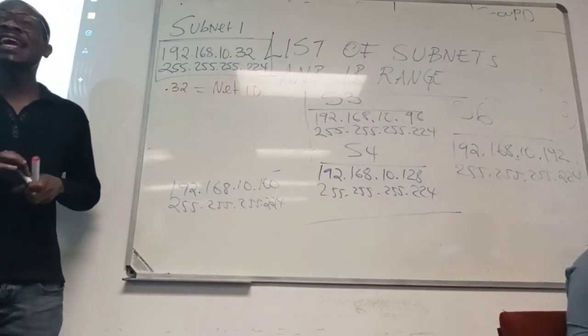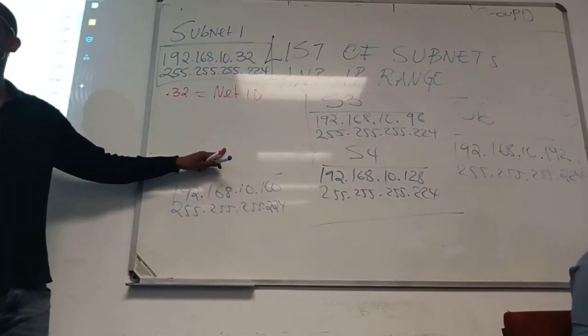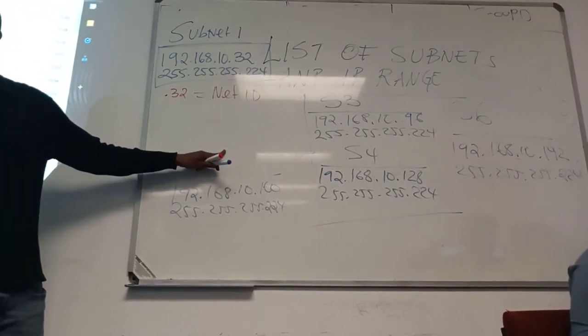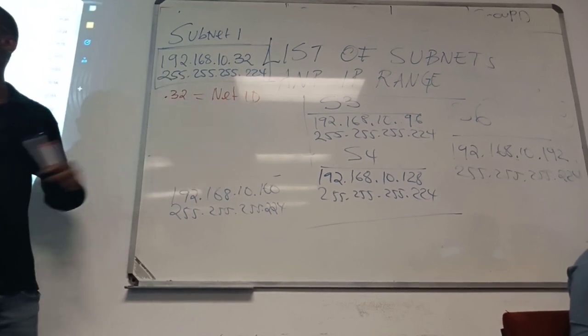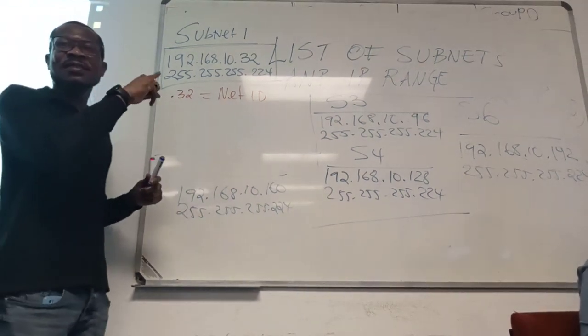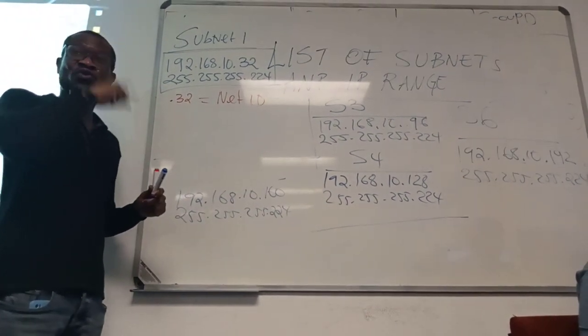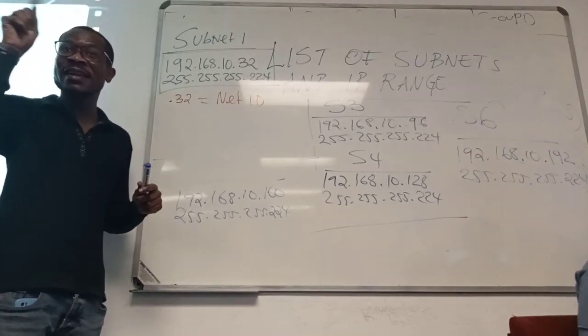Right? And the last one is going to be what? You remember the second subnet is 64. Means that the last for that one is 63. You remember? Subnet 1 is .32. Subnet 2 is .64. Means the last is 63.